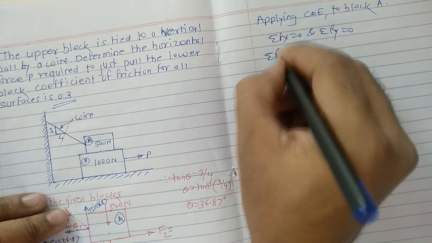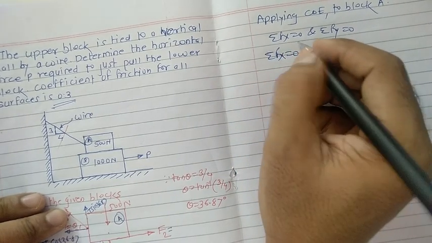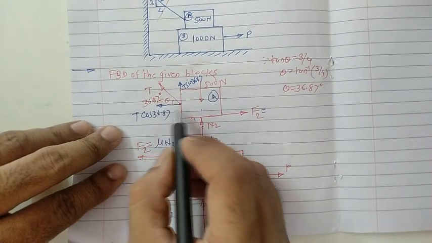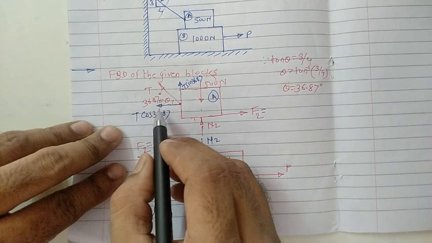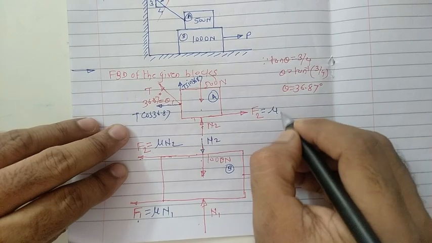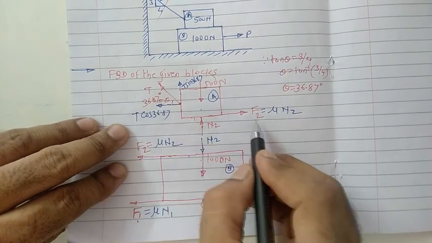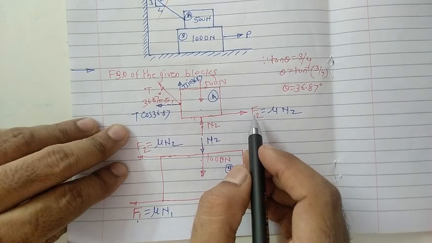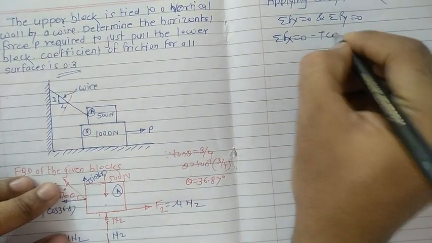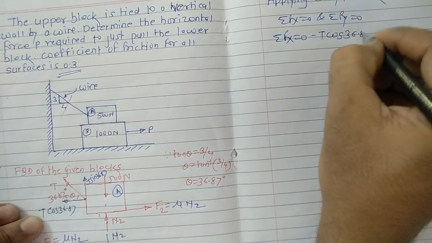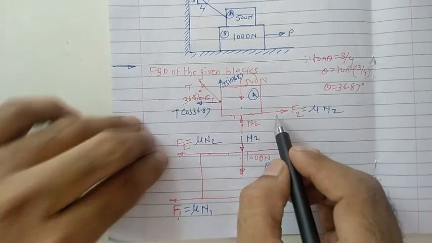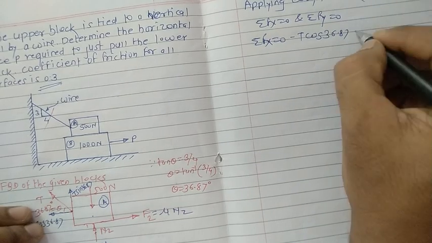Now focus on the first one, summation of Fx equals 0. For that, concentrate only on the horizontal forces. The first force is running towards the negative side of the x-axis, so give the negative sign for this one: T cos 36.87. The next force is running towards the right direction, so consider this force as positive.